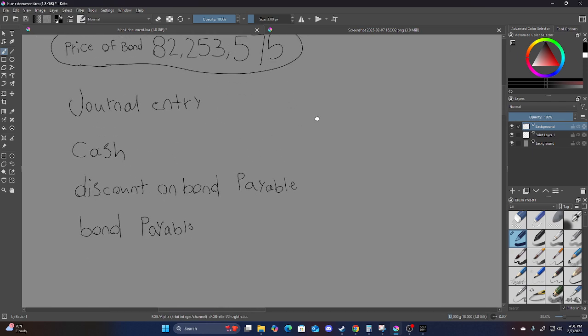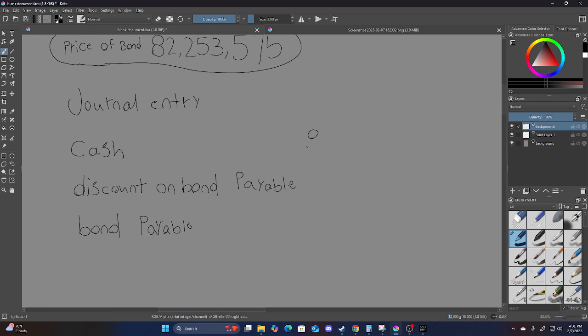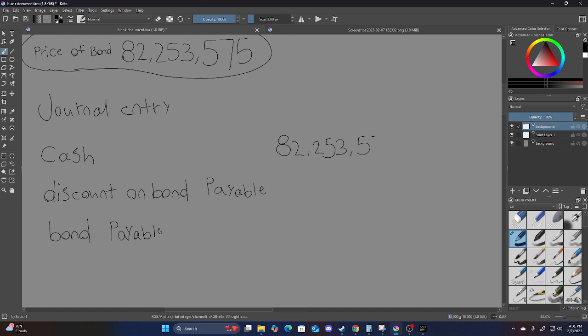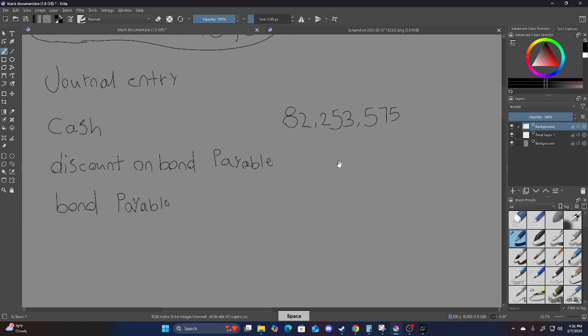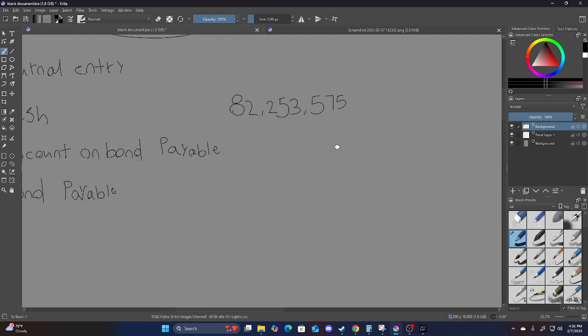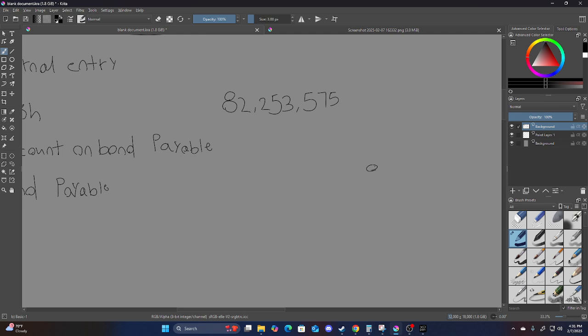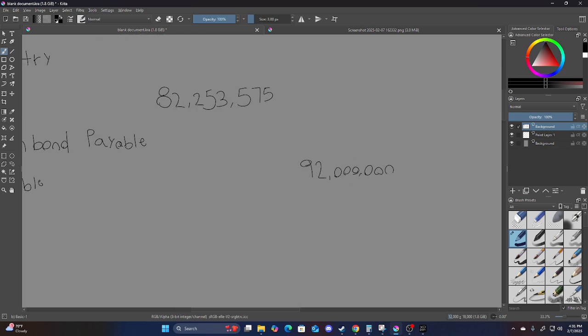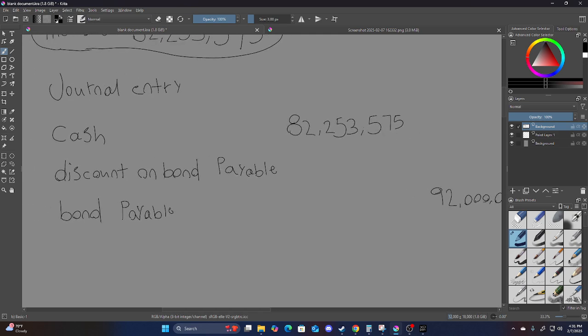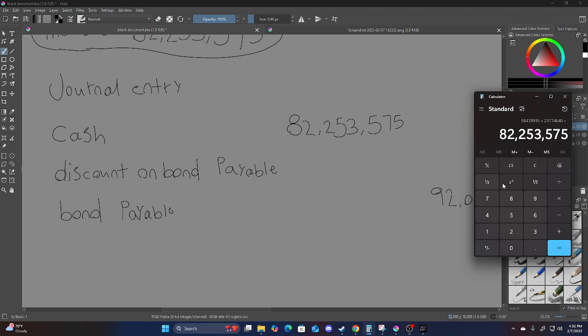So cash is going to be this 82 million right here. It's going to be debited. Bond payable is simply going to be the face amount of 92 million. And your discount on bond payable is going to be the balancing of this.